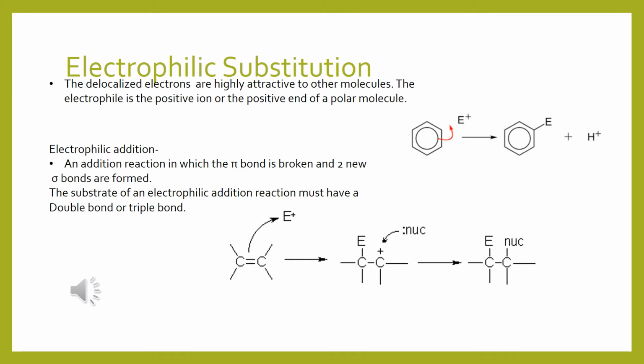The delocalized electrons are highly attractive to other molecules. The electrophile is the positive ion or the positive end of a polar molecule. In an electrophilic addition reaction, the pi bond is broken and two new sigma bonds are formed. The substrate of an electrophilic addition reaction must have a double bond or a triple bond.